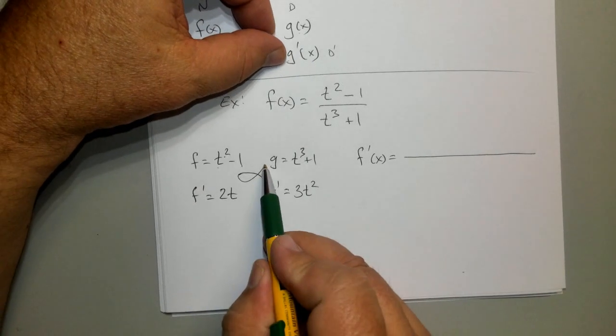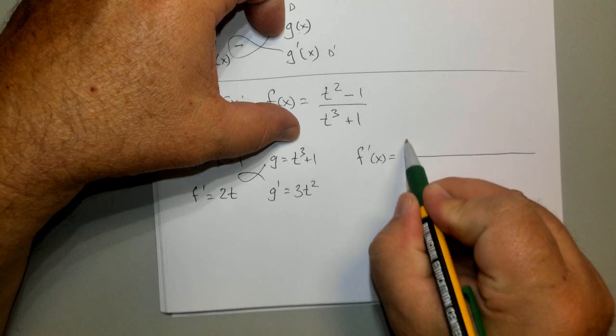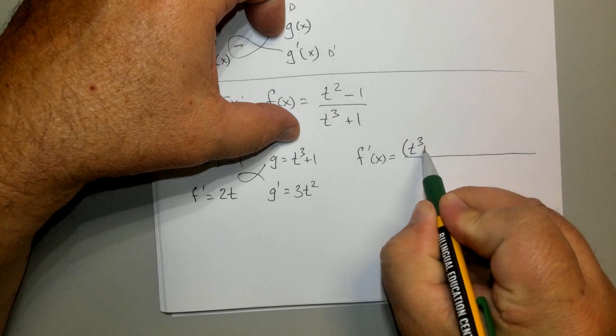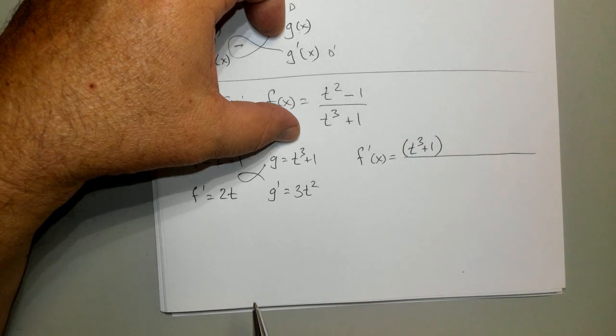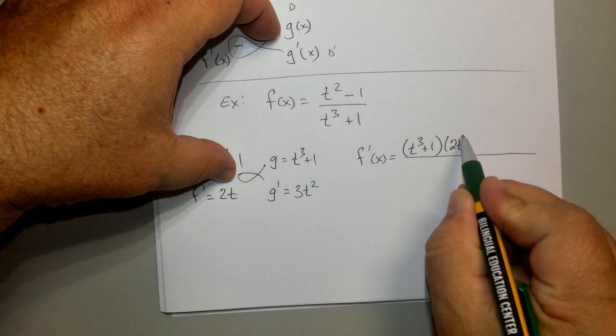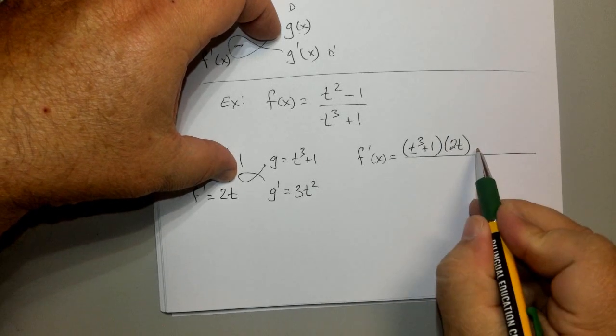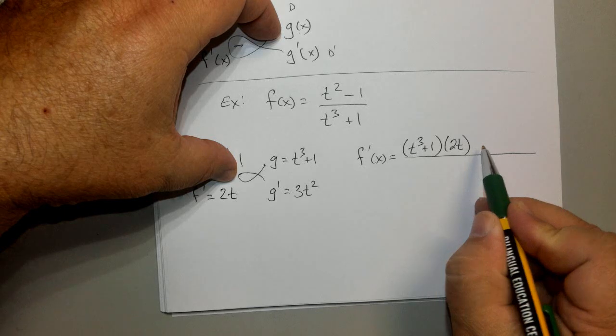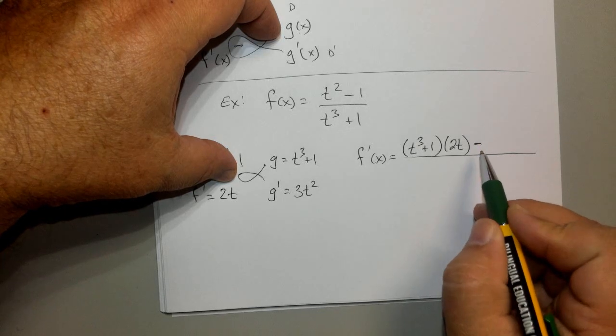The derivative now is take the g, which is t cubed plus 1, times f prime, which is 2t. What sign goes in the middle? Subtraction, since we're dividing.